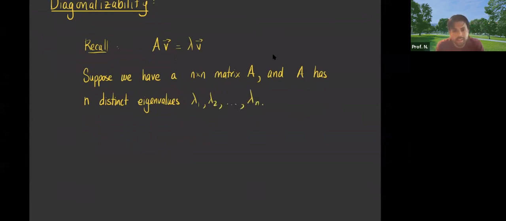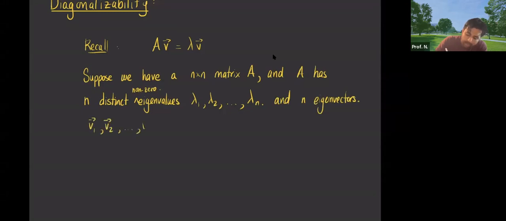And also the assumption is that they're non-zero. If you have non-zero eigenvalues, then you have an invertible matrix. So we have an invertible matrix that has n distinct eigenvalues. Because they're n distinct eigenvalues, for each eigenvalue you're going to have an eigenvector. So it has n distinct eigenvalues and n eigenvectors, and the eigenvectors are v1, v2, all the way to vn.